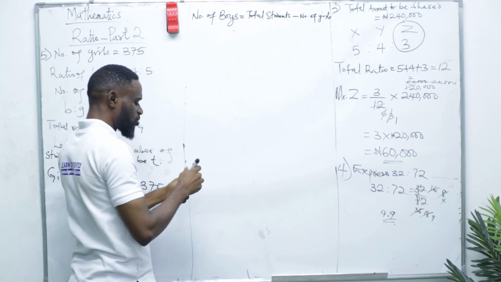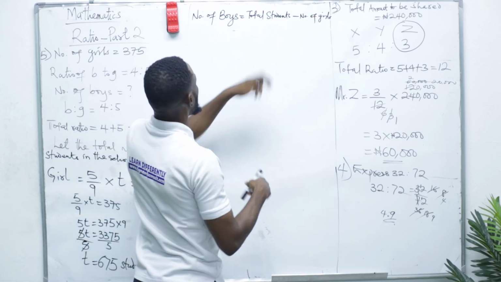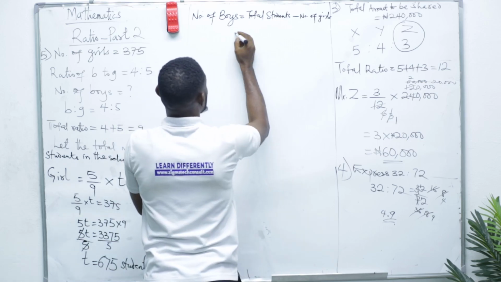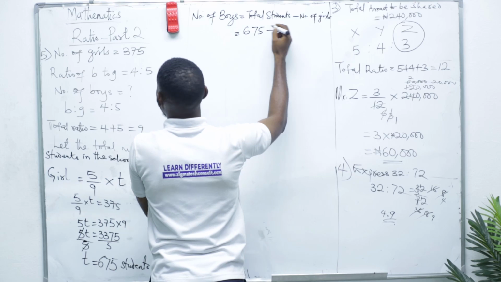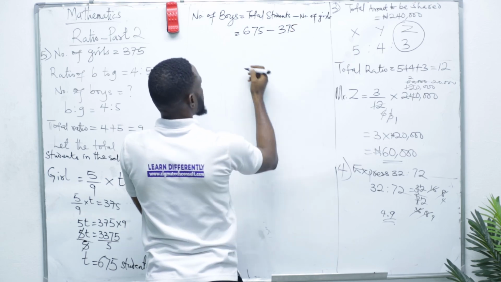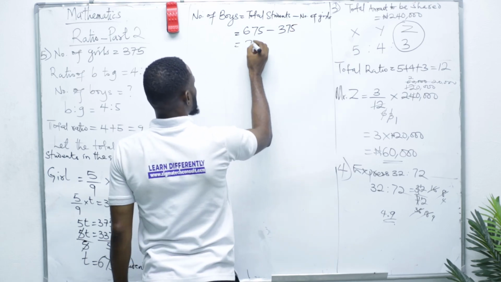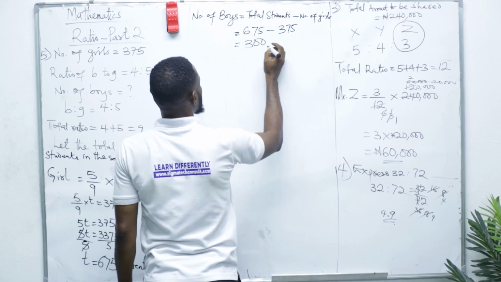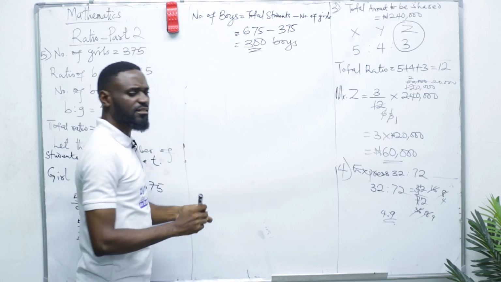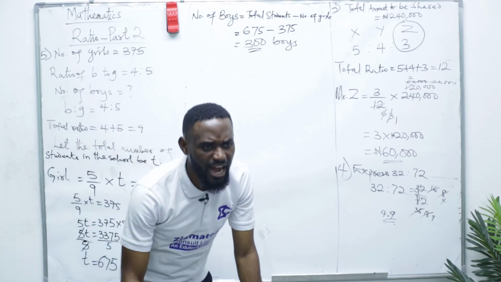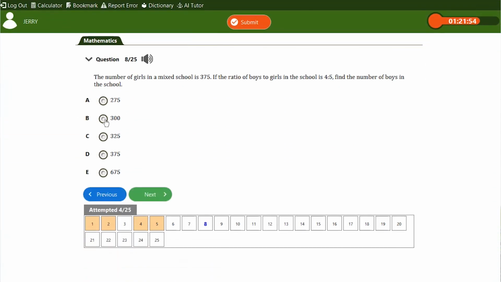Once we remove the number of girls from the total number, we get the number of boys, which is equal to 675 minus 375, giving us 300 boys. So the number of boys in that school is 300, which we have in option C.